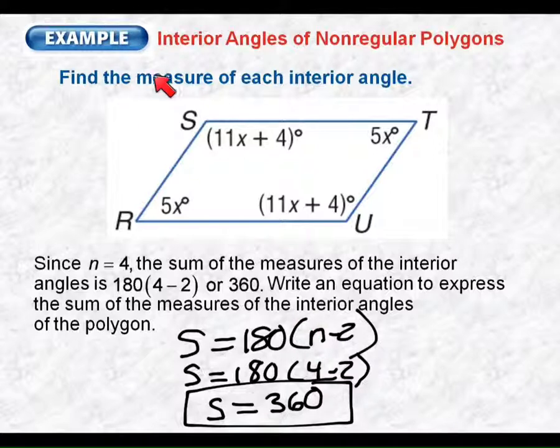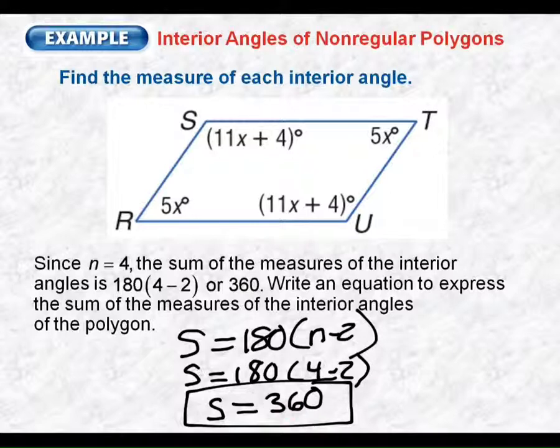The question says find the measure of each of the interior angles. So I want to know, what is angle S here? What is angle R? What is U? What is T? Okay. So I know that all of these add up to 360. That's what that theorem just told me.